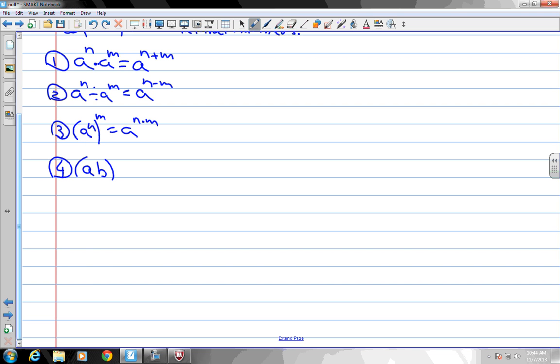If you have a product and you raise a product to the power, you can distribute it like that. You've seen me do that earlier today on some of the homework questions. And the same thing goes for the division. If you have a fraction raised to the power n, that's a to the n over b to the n.